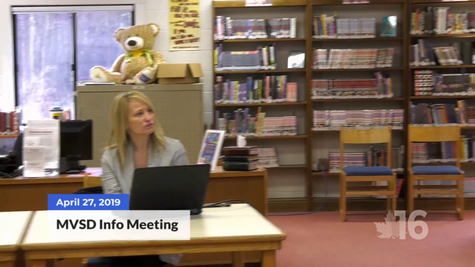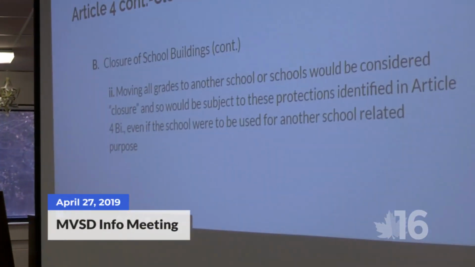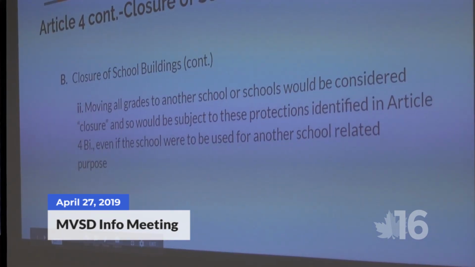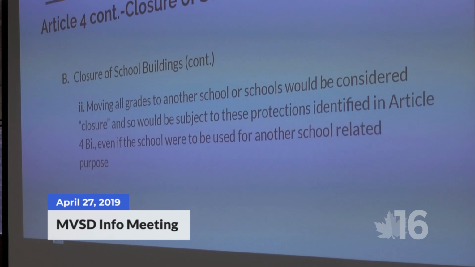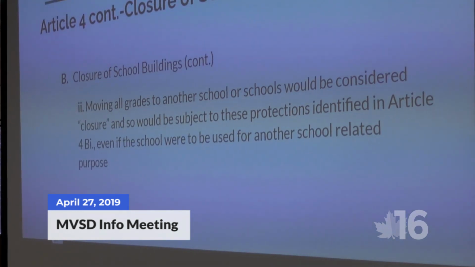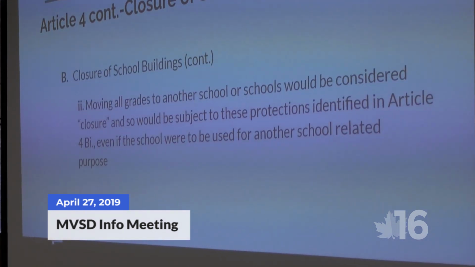The second part of that, B2, which is on this slide, is that moving all the grades would be considered a school closure, so it would also have to be voted on by the rules of B1. Could I just add that this particular portion on school closure is one of the areas that differ from default practice? Yes, it differed greatly. We added a lot of language in to create protections for each town.